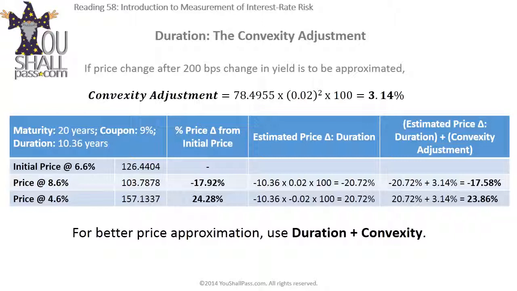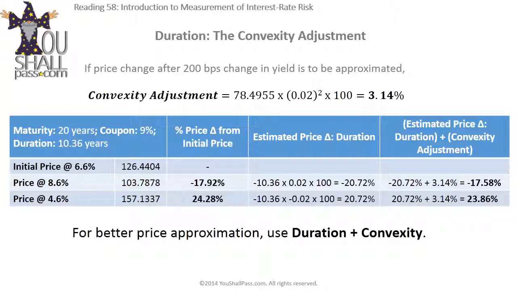The convexity adjustment is useful in that not only does it help to arrive at a better approximation of price change than by using duration alone, because the convexity adjustment helps to account for the curvature or convexity of the price yield curve, but the convexity measure also automatically adjusts for the positive or negative convexity zones exhibited by a callable bond.